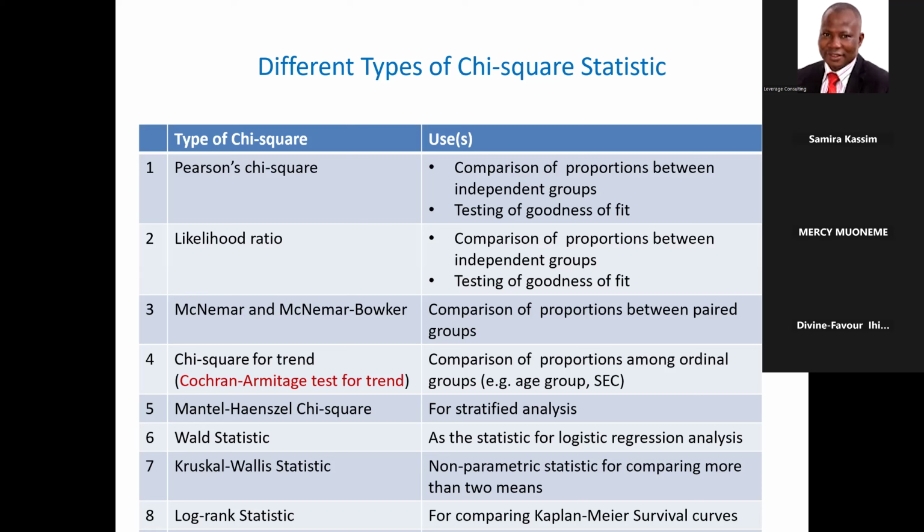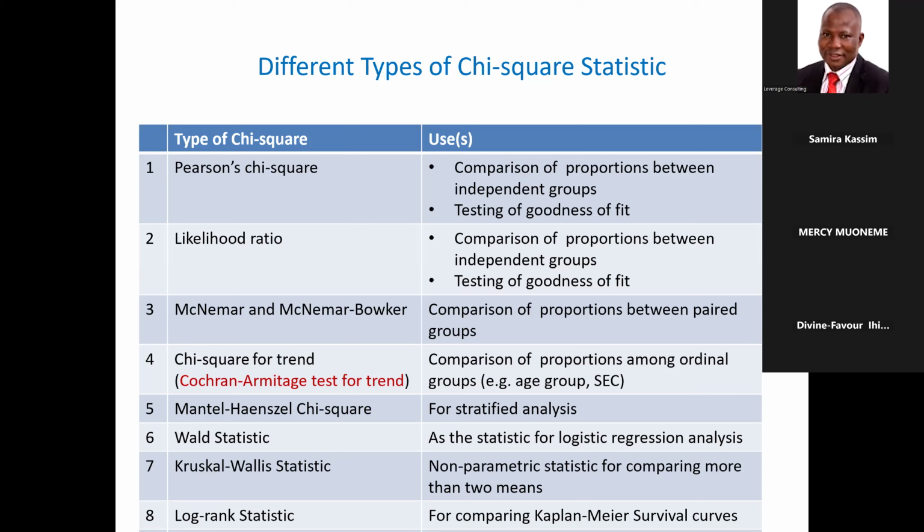So when you calculate both Pearson and likelihood ratio for the same data set, the values will just be different. One is a little higher than the other, but the difference is usually small, so most of the time we use either. McNemar and McNemar-Bowker.